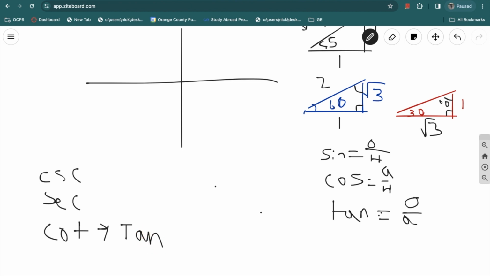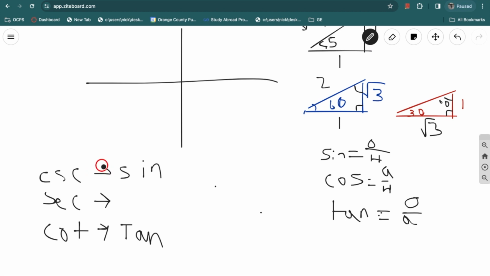Cosecant and secant, that's where you can get a little bit messed up. So the way is, if it's cosecant, it's gonna be sine, and if it's secant, it's gonna be cosine. Oh, that's not an equal sign, that's just an inverse.